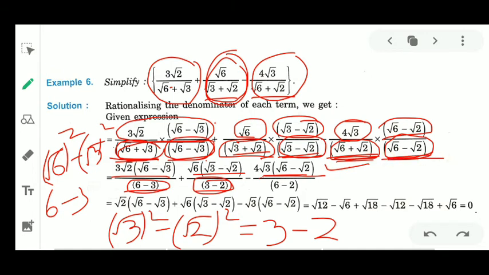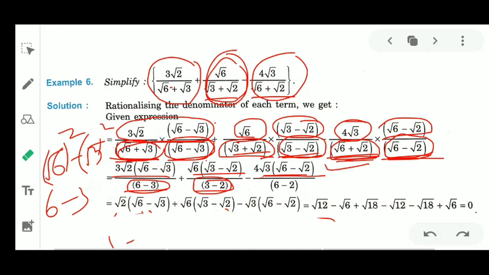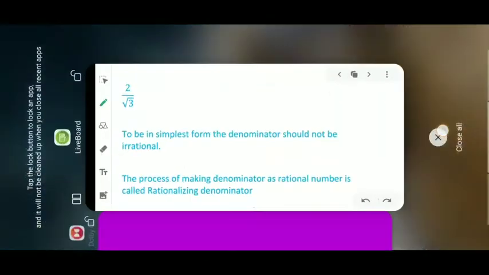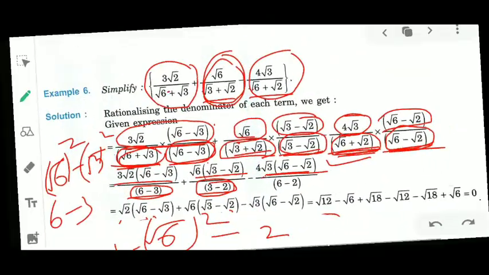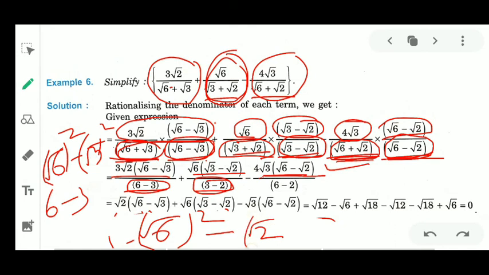So a square minus b square is root 6 square minus root 2 square. Okay, so root 6 square is 6 and root 2 square is 2. So here you have 6 minus 2. Clear?